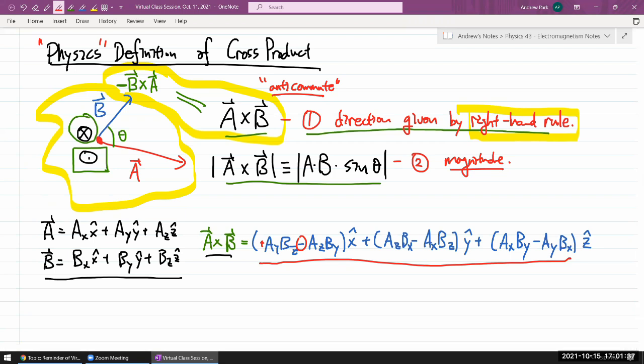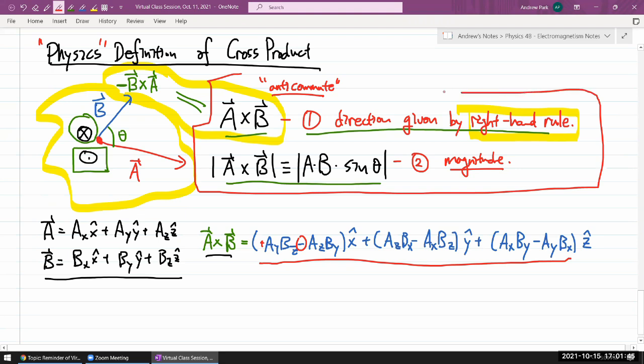Let me end by showing the connection between the physics definition and the component definition that you see maybe in your math class. The way to get the connection is by figuring out what these cross products are: x hat cross y hat, y hat cross z hat.